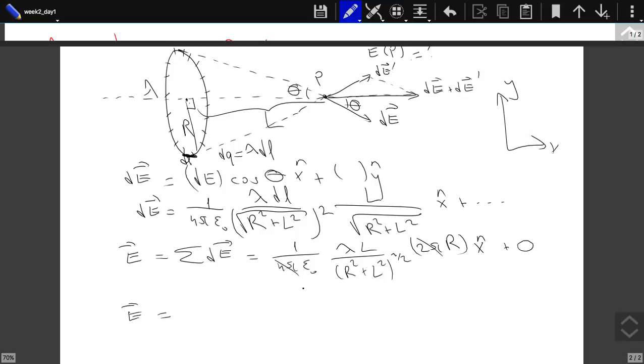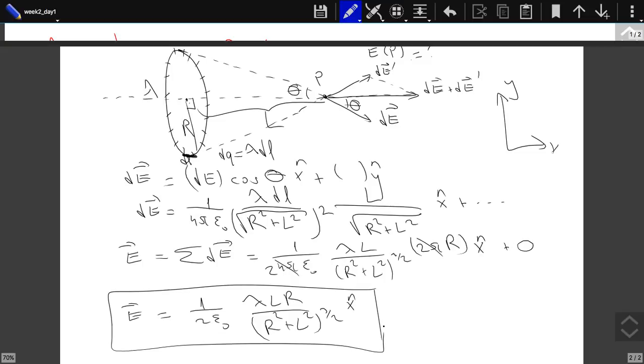Or we can also write this as 1 over 4 pi epsilon 0 lambda q L over r squared plus L squared raised to the power 3 halves.